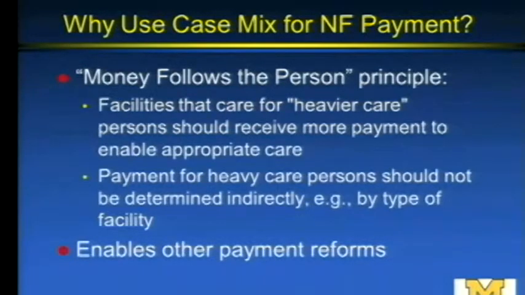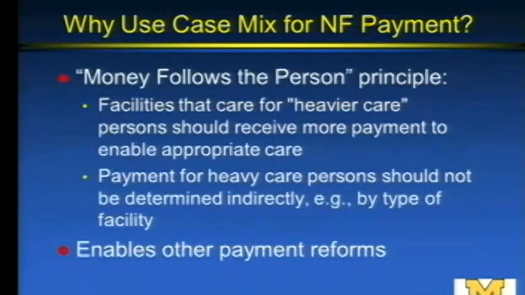It should be the case that if you care for a heavy care person, you admit a heavy care person, then the amount of money that you get for that person, or the overall amount of money you get for all of your people, should go up proportionately to recognize that that person will take more resources within the facility. Another way to think about this is that whatever amount of money the state provides, think of that as a pie.